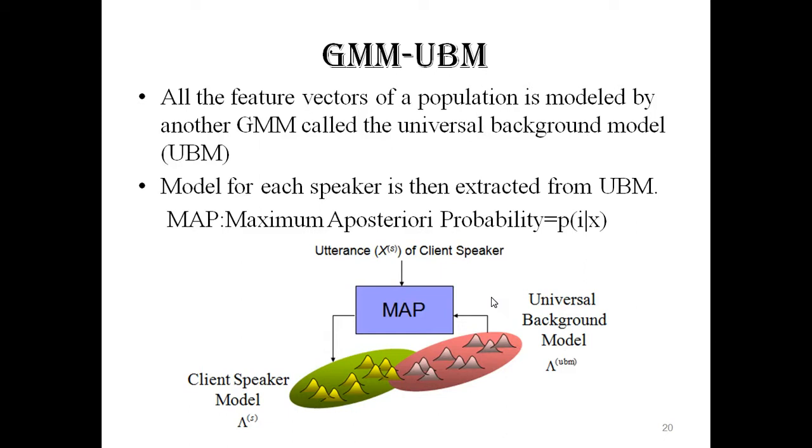The universal background model is a conglomerate of the models of all the speakers. So we take the speech utterances from all the speakers and build a huge model consisting of a large number of Gaussian mixture components and come up with this log likelihood ratio to perform the identification task.